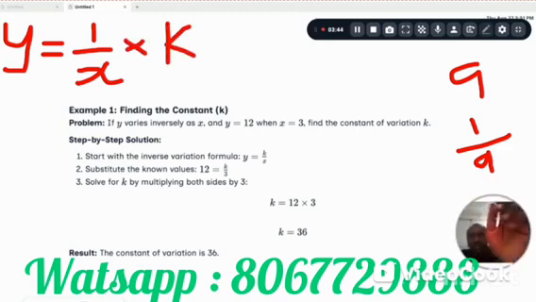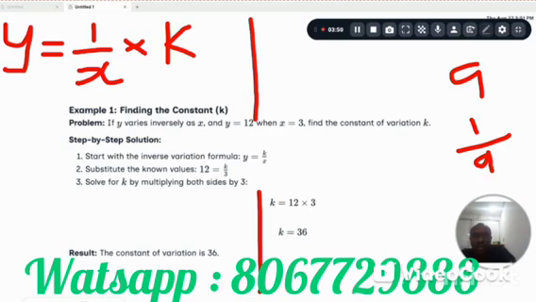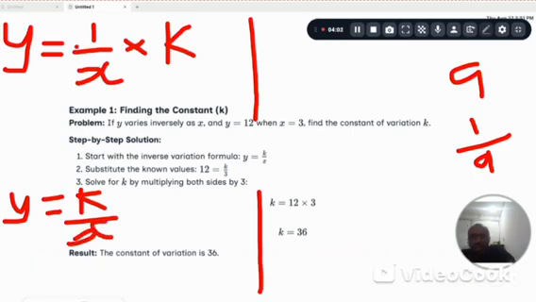And when we have this, y equals 1 over x times k will give us y equals k over x. You can say 1k over x, but let's simply write it as k over x. 1 times k will give us 1k, but we can write that as k. So y equals k over x.